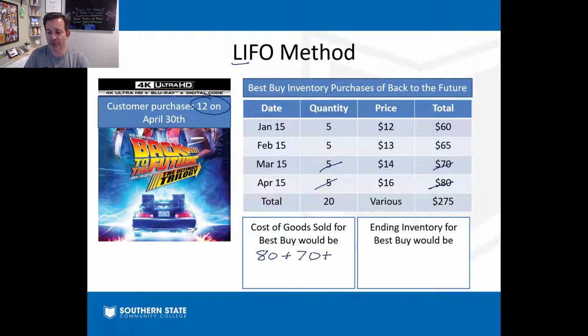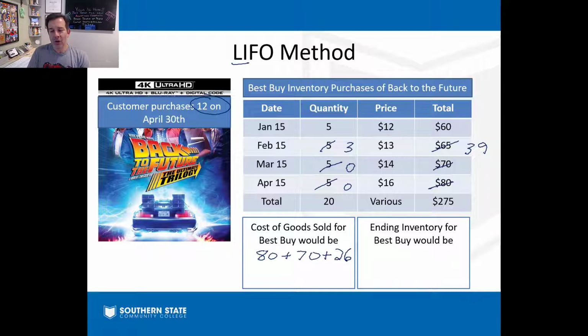To get to 12. 5, 10, nothing left there. We'd have 3 left over there. We sold 2 at that $13 price that we paid, which would be 26. So you have 3 left over at 13, 39 left in that group.